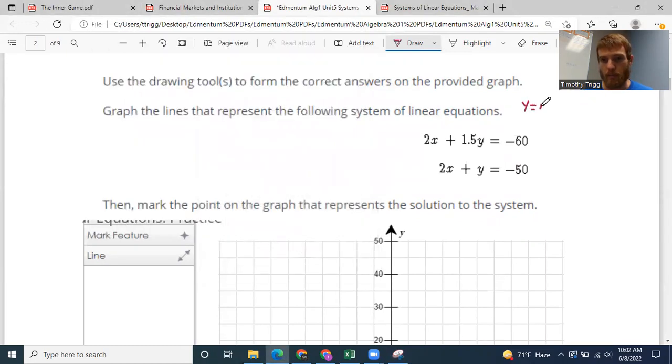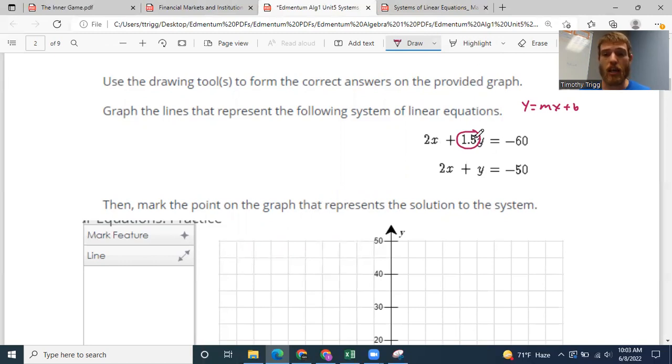Y equals mx plus b, where m is the slope, b is the y-intercept. So how do I get this first equation into this form? Well, what we want to do is solve for y. One of the things I'm noticing here is this 1.5. I don't like to use that. I'd prefer if it was just a fraction.